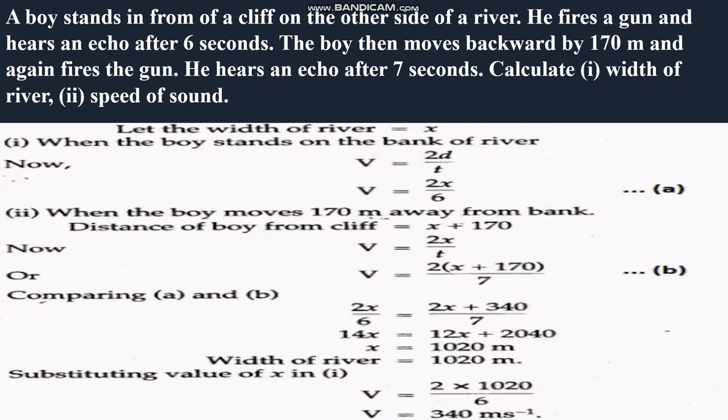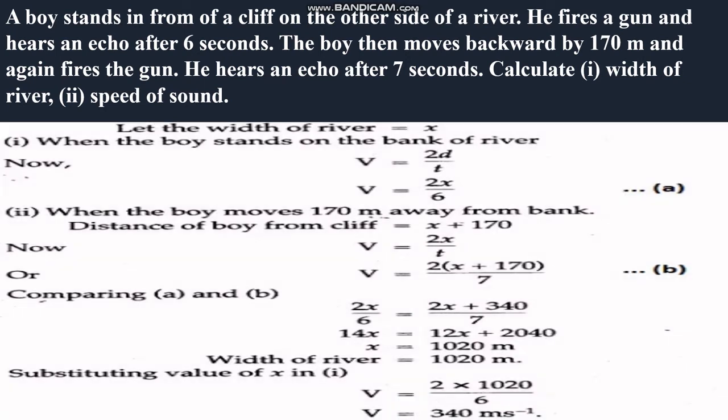Now, see, this is when there is a river and a boy is standing over here, right? So we need to calculate the width of the river. Let's say the width of the river is x, right? Now he is standing, there's a cliff over here, right?